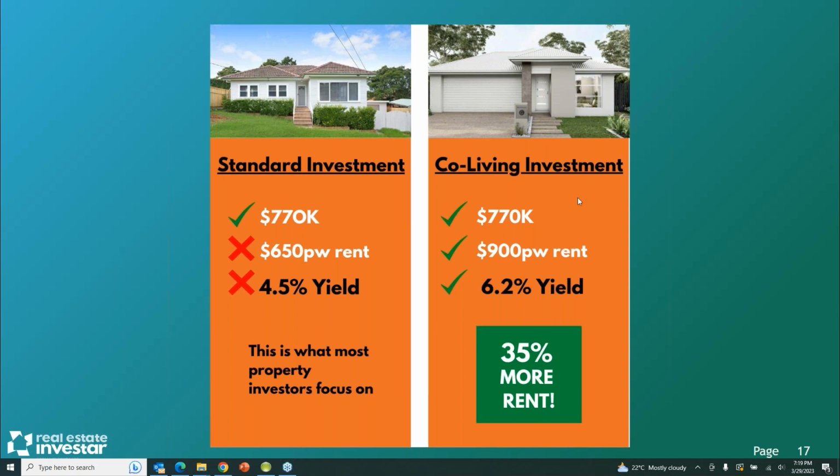As we look at the co-living property for that same purchase price, our rent increases from $650 a week to $900. So we're getting 35% more weekly rental income, which shoots our yield up dramatically. I'm sure you can see the difference and the real benefit of this co-living property and how it's going to perform in terms of cash flow.